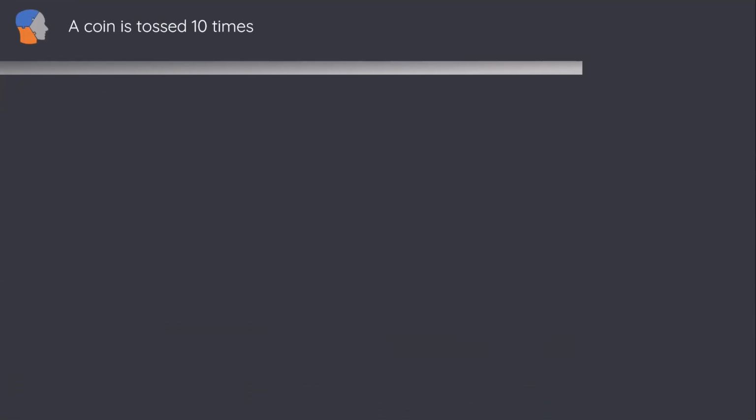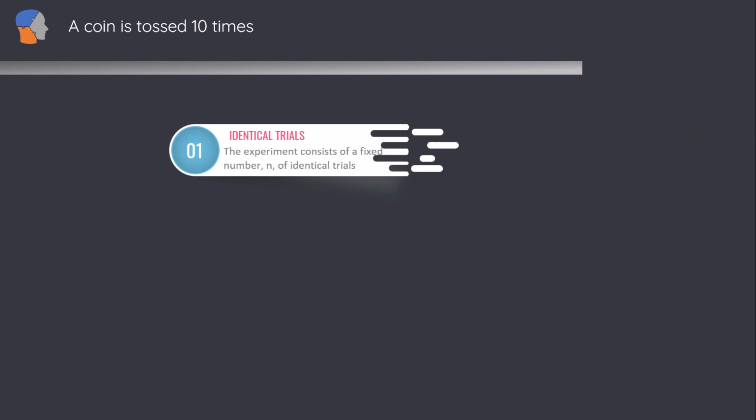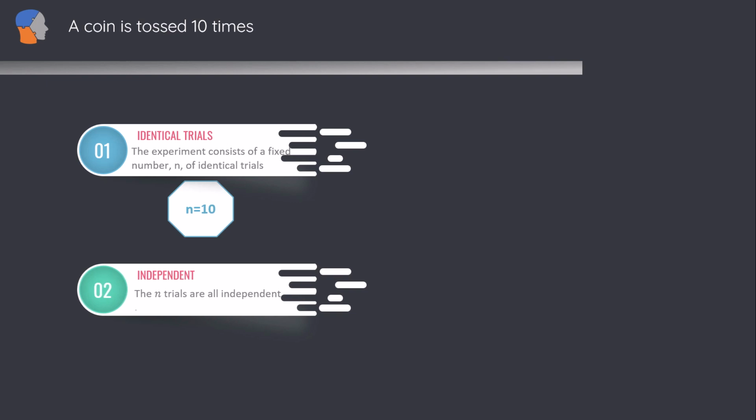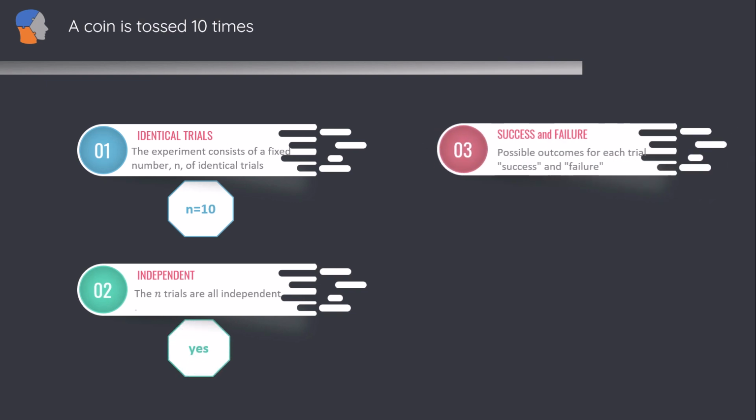Let me explain this example. A coin is tossed 10 times. Then let me check four conditions. First one, identical trials? Yes, n is 10 here. Independent? Yes, tossing a coin is independent. Success and failure? There are only two outcomes, head or tail.